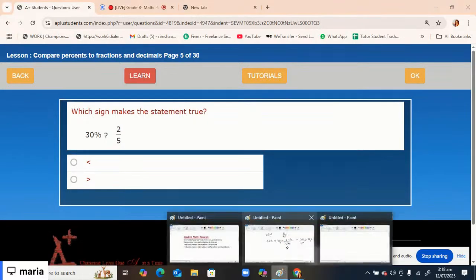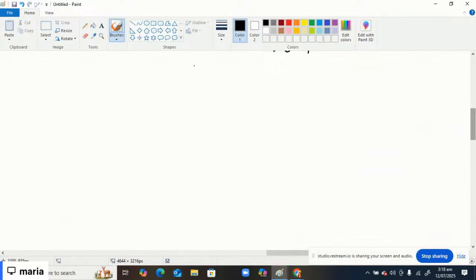30% or 2 by 5. Let's solve. 30%, not solving this, this is the same. Solve this one. 2 by 5 times 20 over 20.